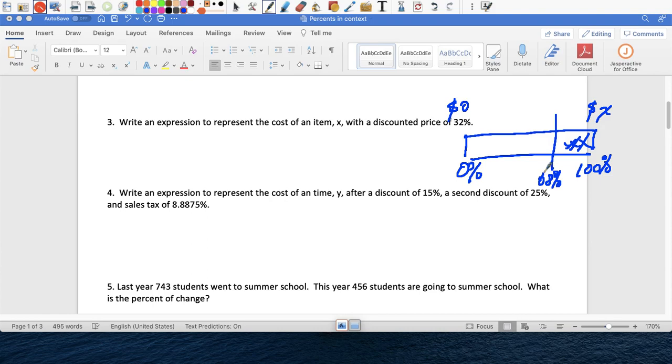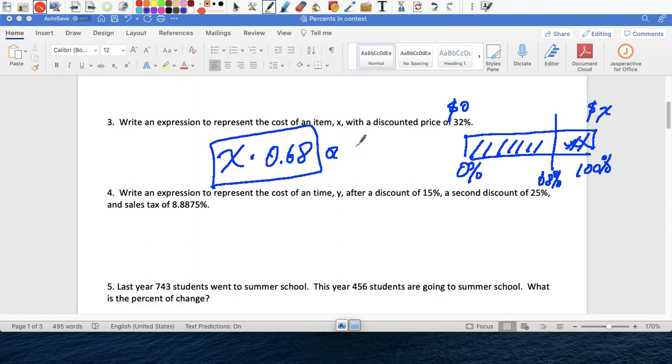That's what you're going to pay for. So this is what you're responsible for. So how do we write an expression to find that value? Well, it would be the original price times 0.68, or 0.68x, because you're taking 68% of the original value. That's the expression.